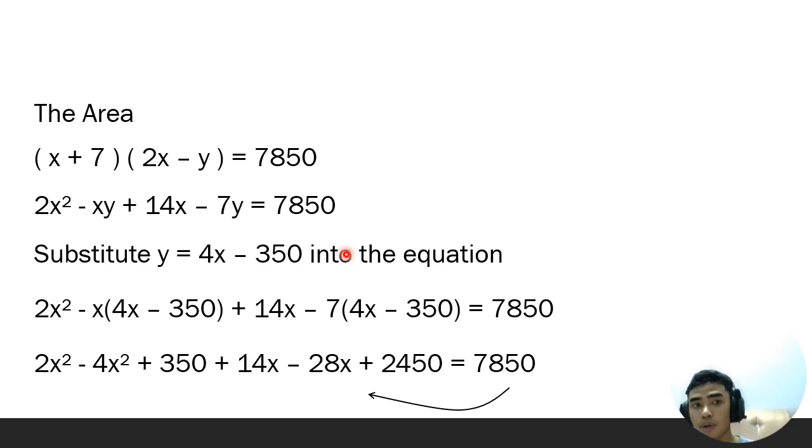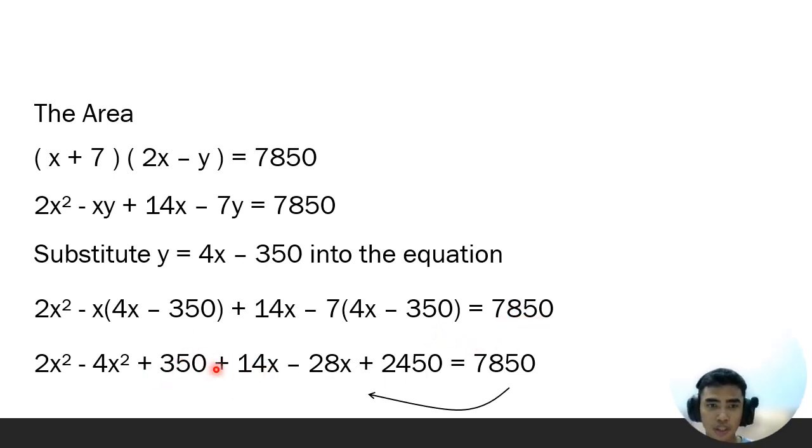So from the previous equation, we got y equals 4x minus 350. So we're going to substitute that into the equation that we got over here. After we substitute that, we're going to get 2x squared minus x in brackets 4x minus 350 in the close bracket plus 14x minus 7 in brackets also for 4x minus 350 equals 7,850.